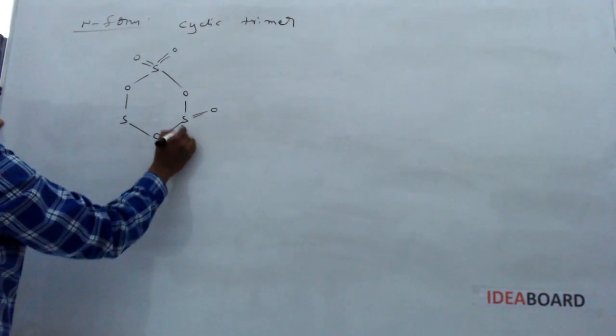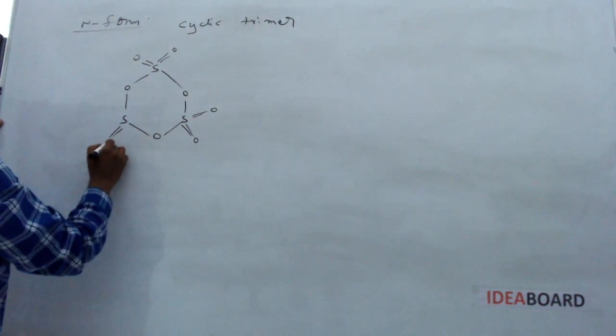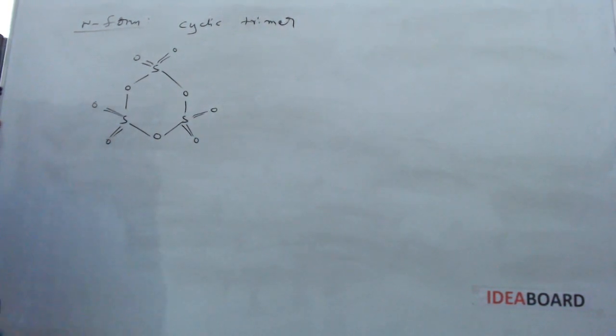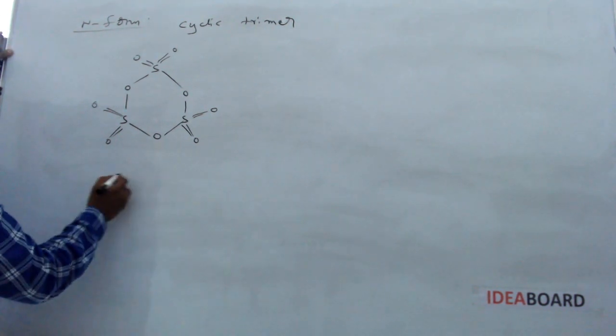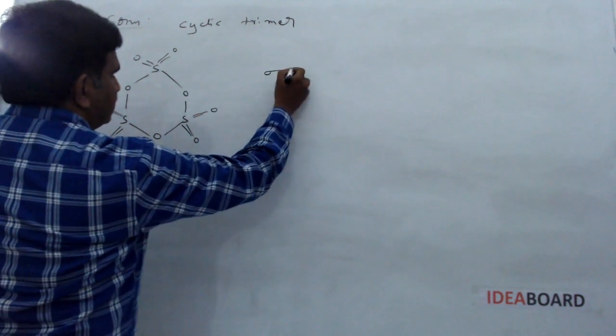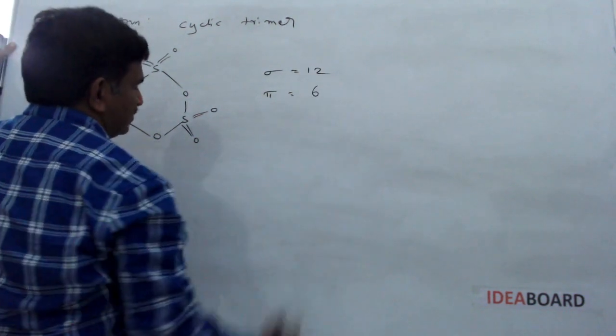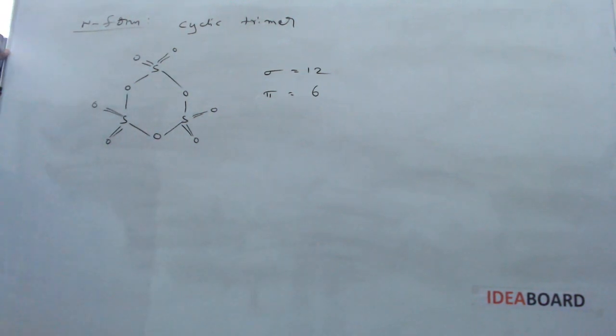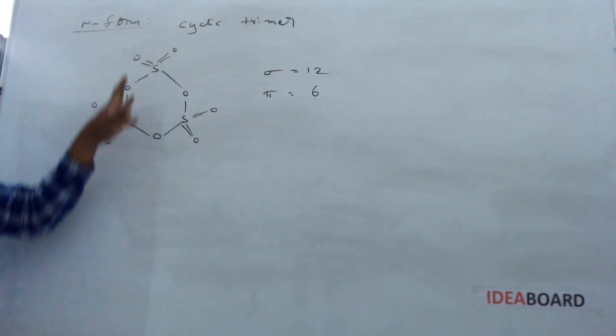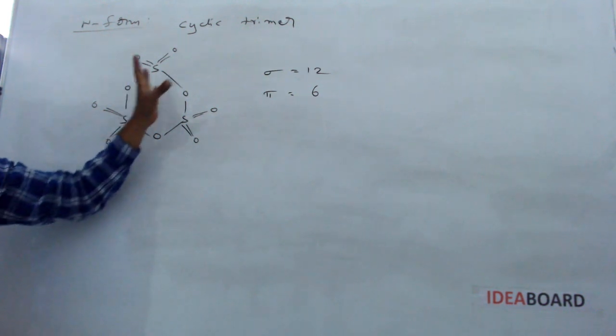Here also 2 more oxygens, and here also 2 more oxygen atoms. Okay, and in this form the number of sigma bonds present is 12, and the number of pi bonds present is 6. Okay, that is about the gamma form of sulfur trioxide, which is in a cyclic trimer form.